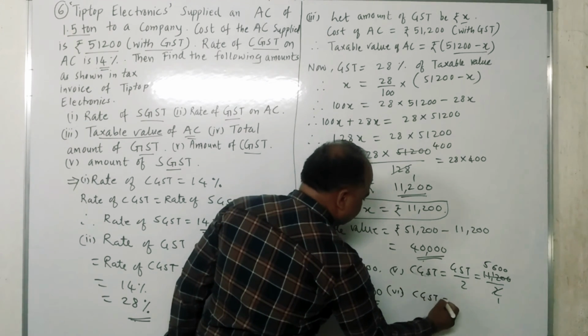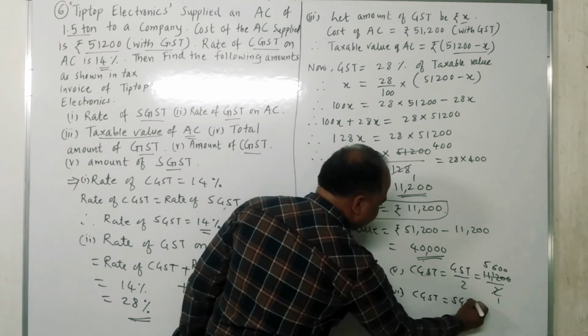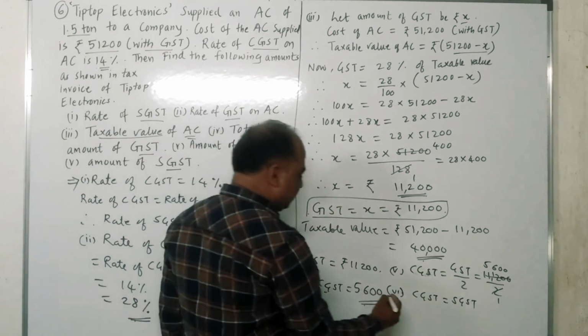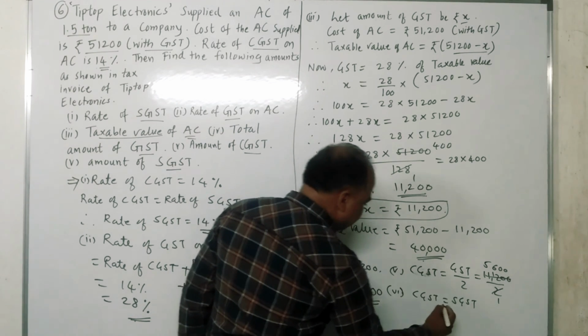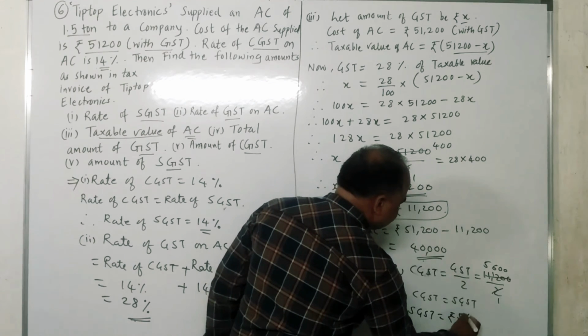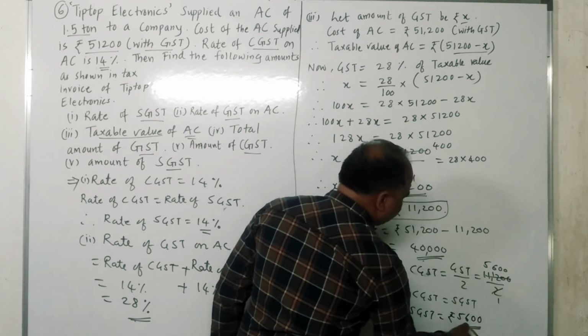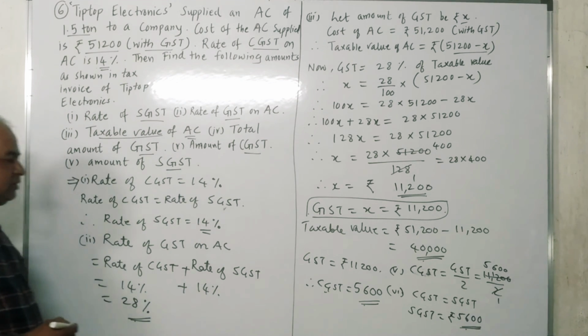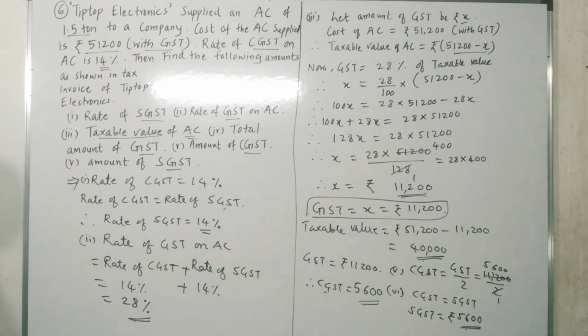CGST is equal to SGST. Both are the same. So the amount of SGST and CGST is equal. Therefore SGST is also rupees 5,600.